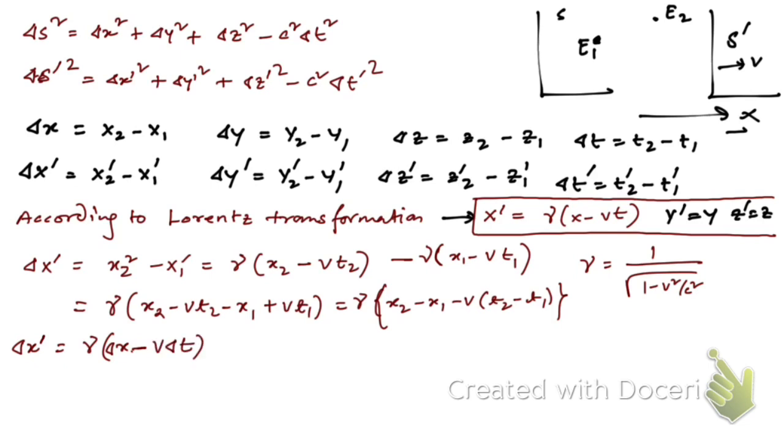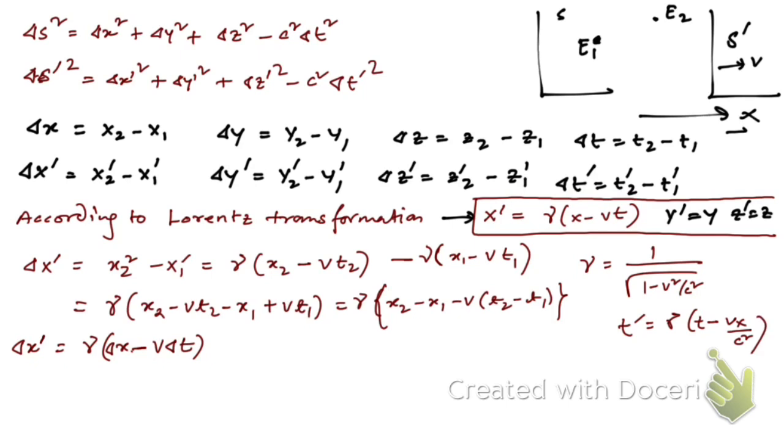And according to Lorentz transformation, we know that t dash is equal to gamma into t minus v x by c square. We know this, right?